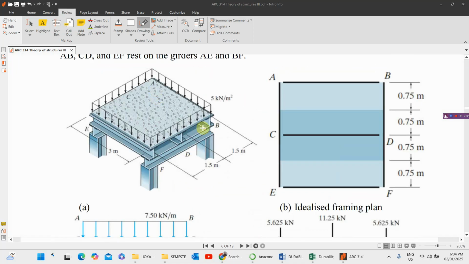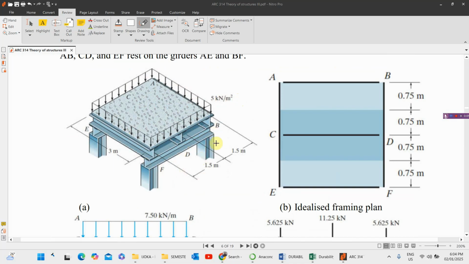You can see A, B, C, D, E, F. These 3 beams are supporting this slab, and the slab has a load of 5 kilonewton per meter square. And if you look at it, all these three beams are being supported by beam EF and beam BF here.